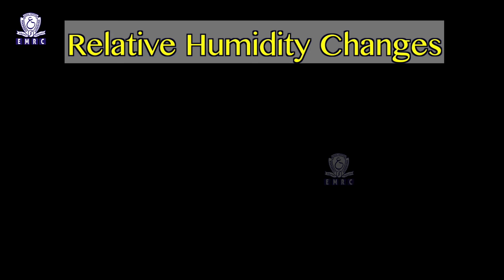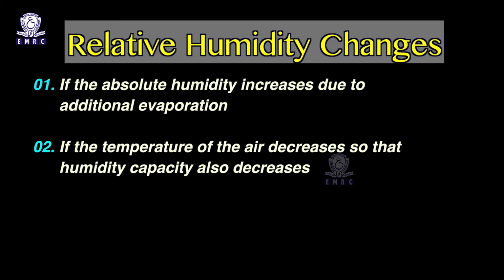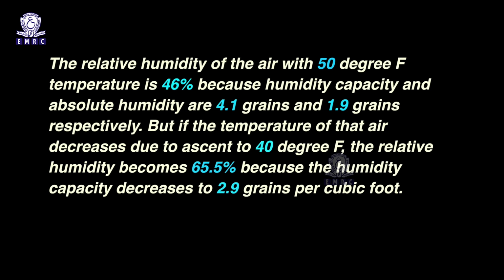Relative humidity changes in two ways. First, if the absolute humidity increases due to additional evaporation, or second, if the temperature of the air decreases so that humidity capacity also decreases. For example, the relative humidity of air with 50 degree F temperature is 46%, because humidity capacity and absolute humidity are 4.1 grains and 1.9 grains respectively.